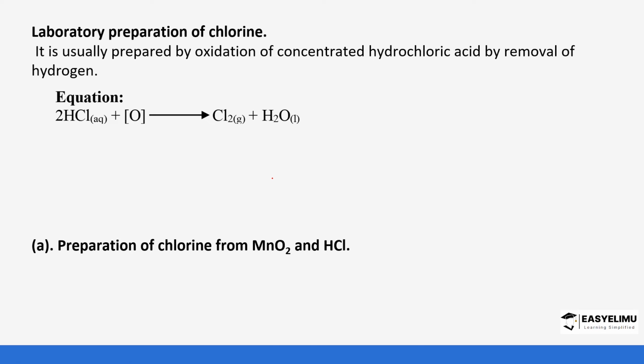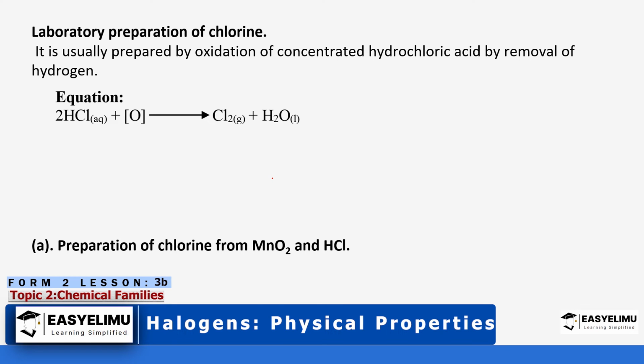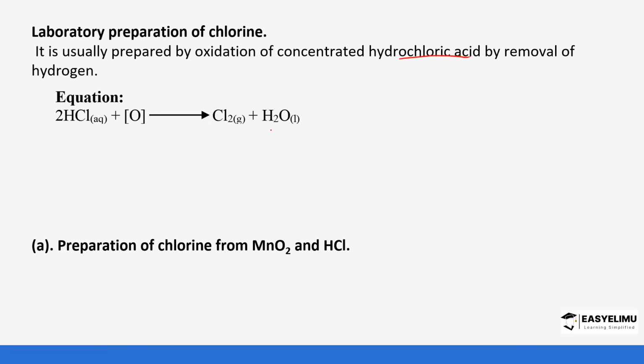So chlorine gas is usually prepared by the oxidation of concentrated hydrochloric acid. This is a preparation that is going to be repeated in Form 3 as we do chlorine and its compounds, but it is important for you to see how the reaction is occurring. Chlorine is one of the elements in this group, so it is good for us to see how they usually behave.